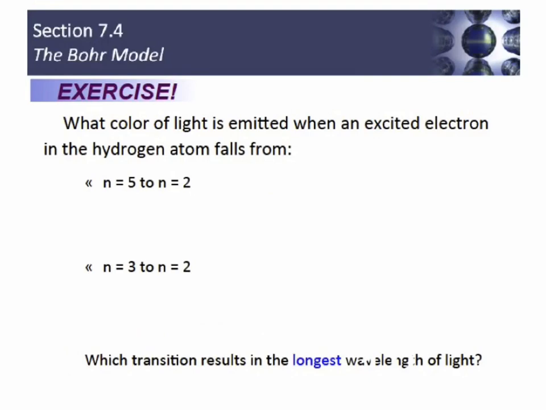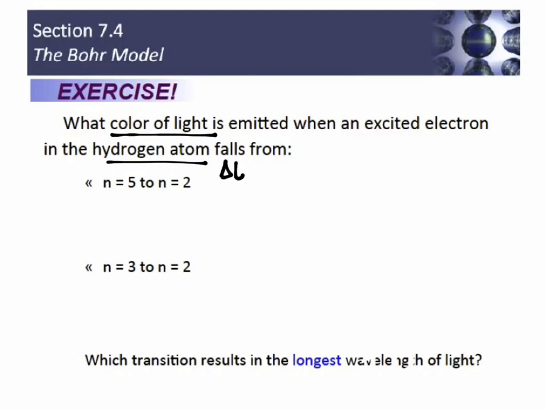What color of light is emitted when an excited electron in the hydrogen atom falls from N5 to N2? It wants to know the color of light. It says it's a hydrogen atom, so we can use Rydberg.